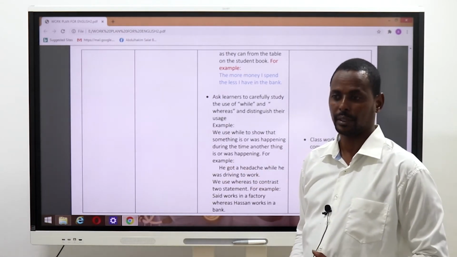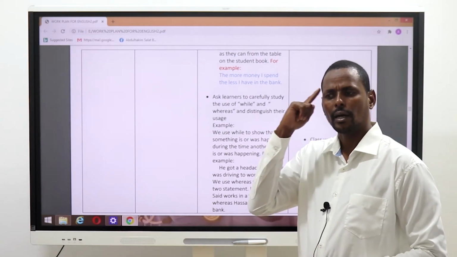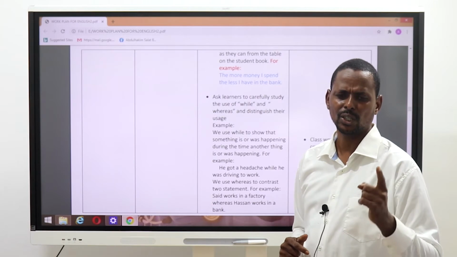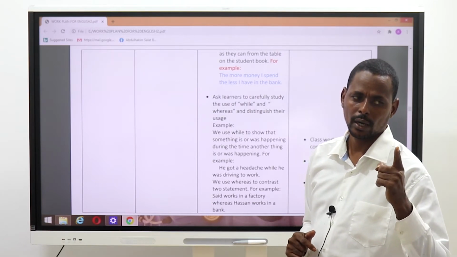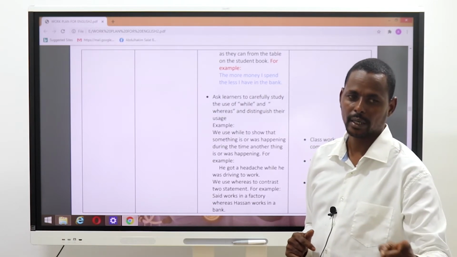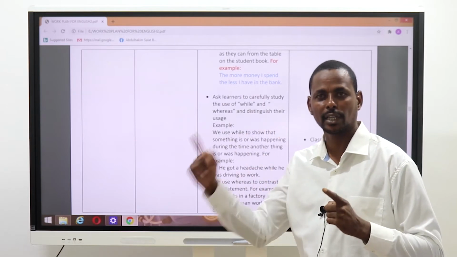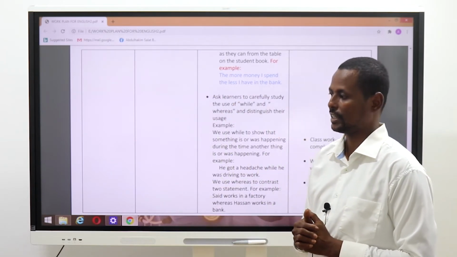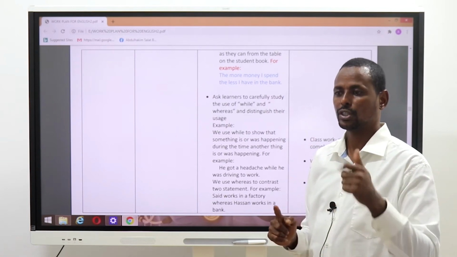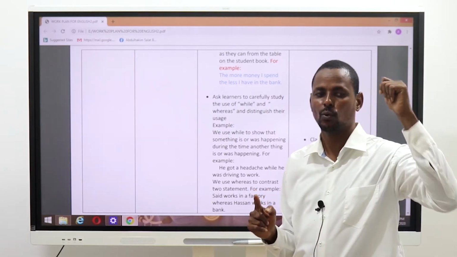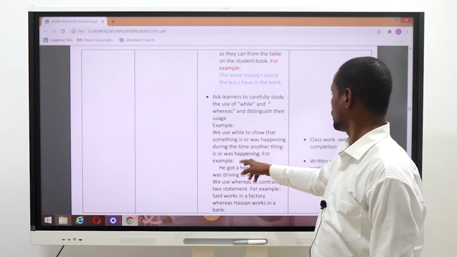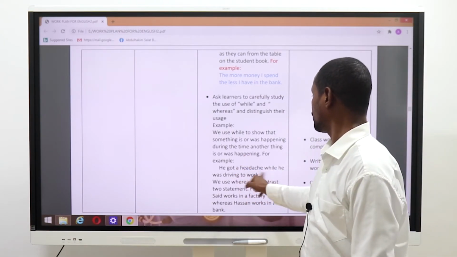Going, happening. Headache was also happening. So he was going to work and at the same time developing a headache. Something is or was happening while another thing was happening. He got a headache while he was driving to work.